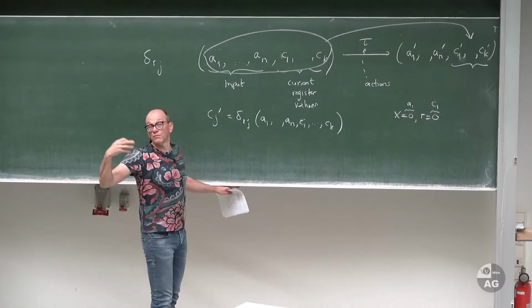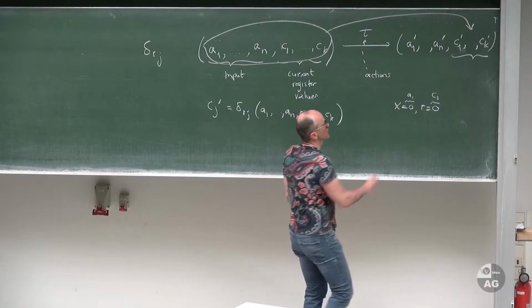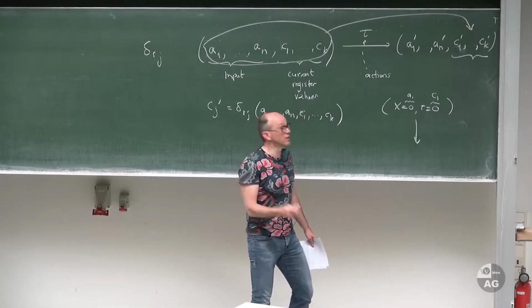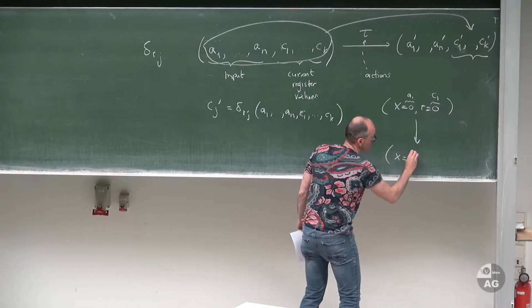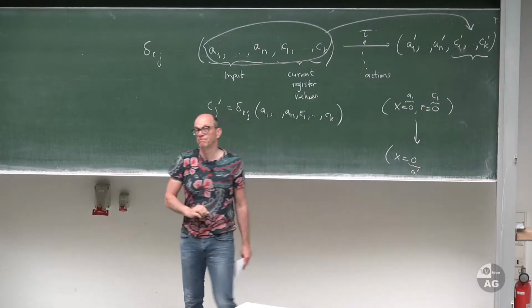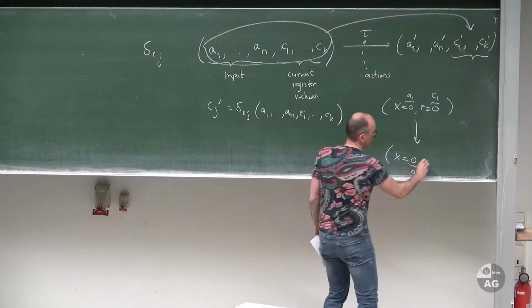Now the system is going to change. Let's say the next input is a 0. So this state moves to a new state. What will be the new state? Let's suppose that x equals 0. So this now is the value A1 prime. Now the question is what happens to the register? And now it becomes important.